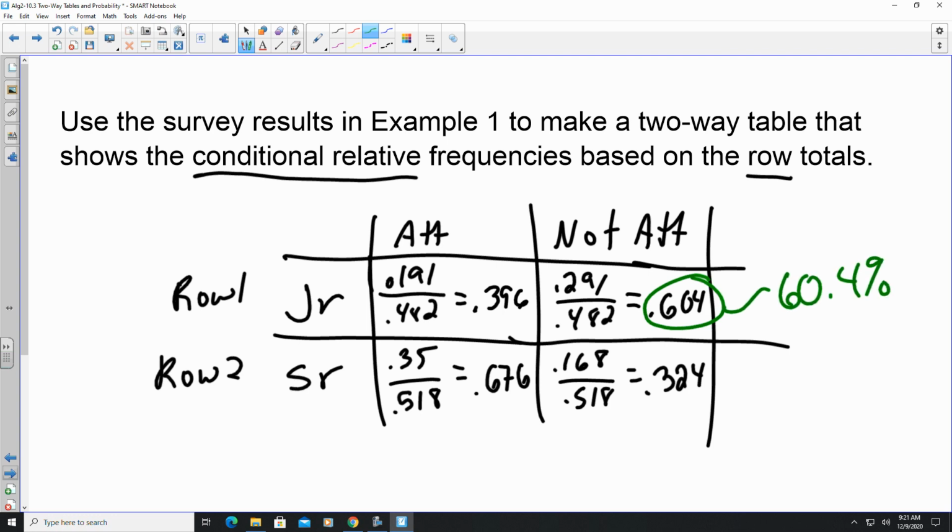What we then can conclude is, given that a student is a junior, the conditional relative frequency that this person is not attending the concert is about 60.4%. All right. So given that the student is a junior, the conditional relative frequency is that the person is not attending the concert about 60.4%.